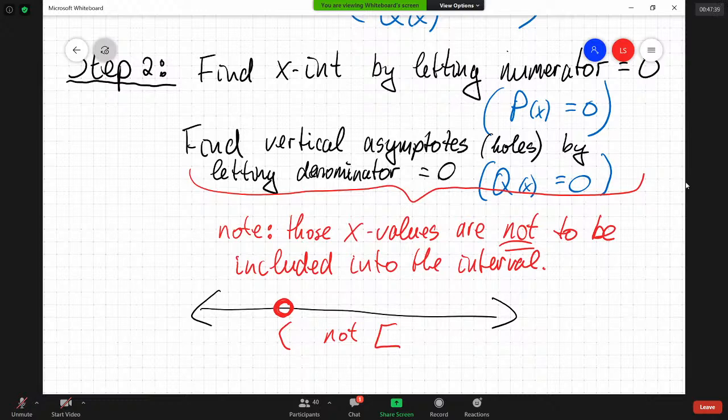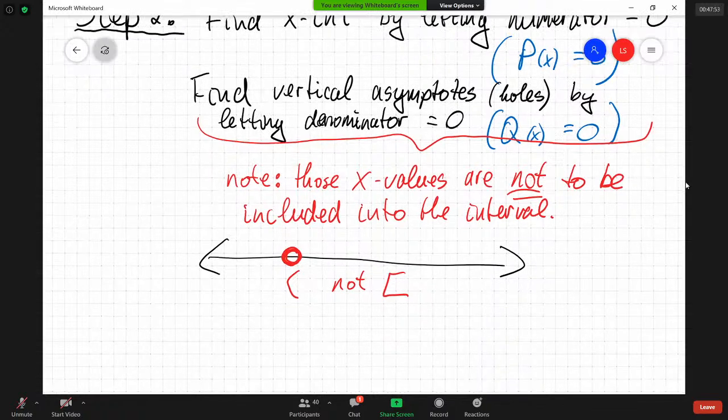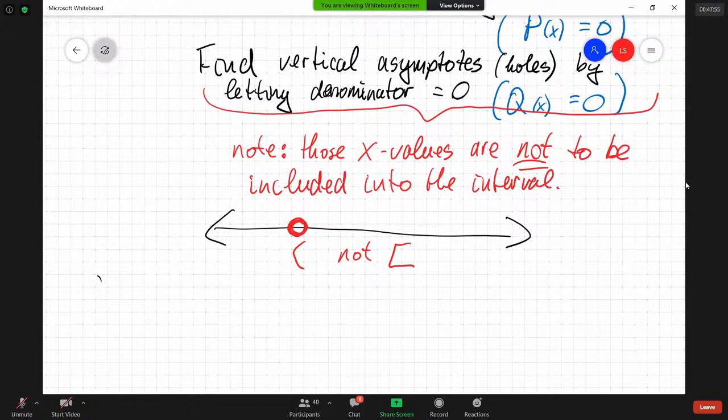Depending, of course, on where the interval is going, it'll be opening one way or the other, but it's always going to be a parenthesis for those values that we got from vertical asymptotes. We'll see what exactly that means based on an example soon. Step 3, create a sign analysis chart.